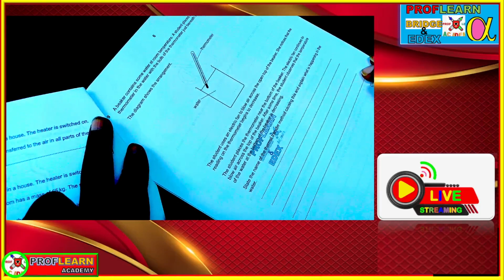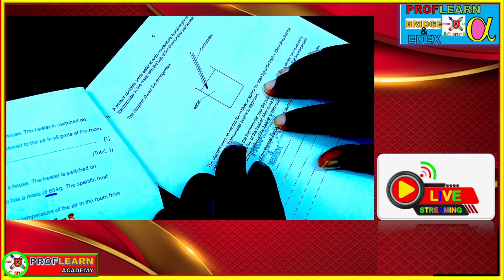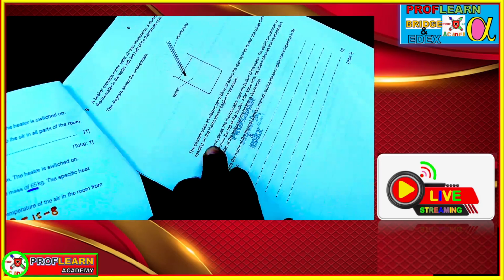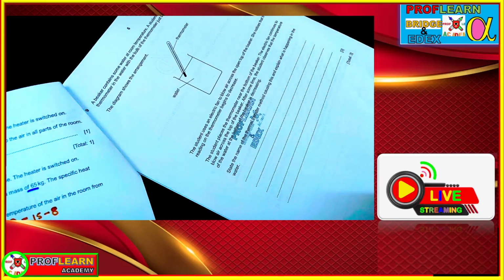water at room temperature. The student places a mercury in glass thermometer in the water with the bulb of the thermometer just beneath the surface of the water. So we are told the diagram shows the arrangement. The student places the thermometer near the bottom of the beaker, and an electric fan continues to blow across the top of this surface.